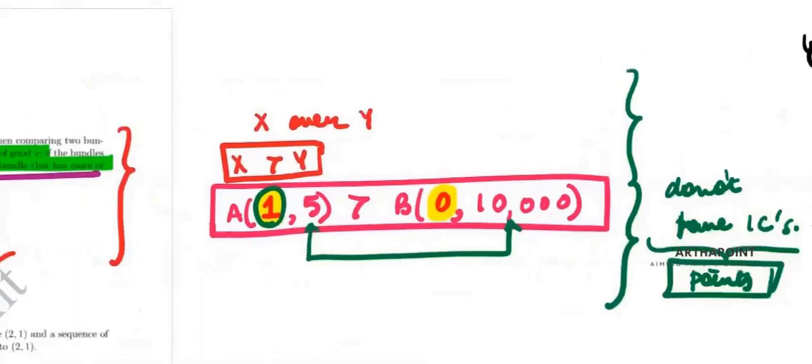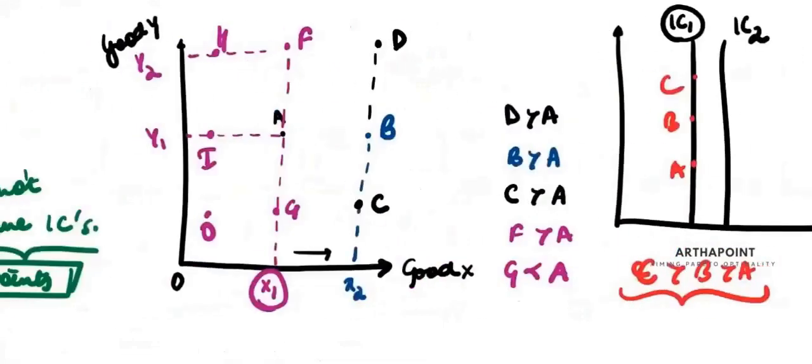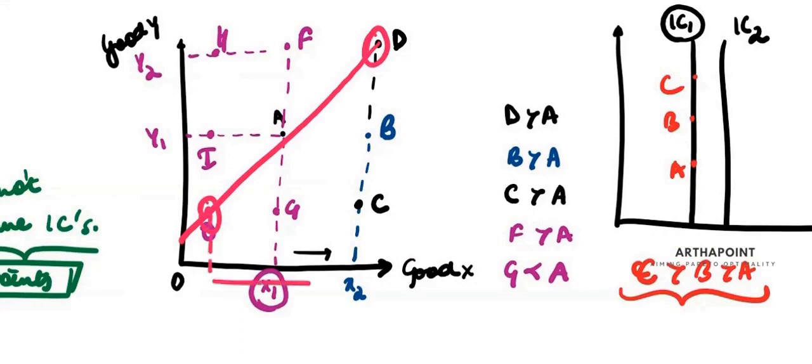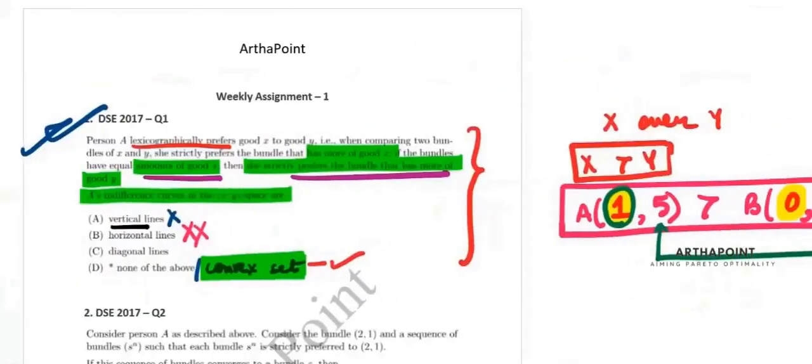Diagonal lines. Draw a diagonal line and check. Here only let me draw a diagonal line. A diagonal line would mean that point O and point D have the same amount of utility. But that is not true. D has more of good X and hence should have been on a different indifference curve. They do not represent the same level of utility. So even this is cancelled.